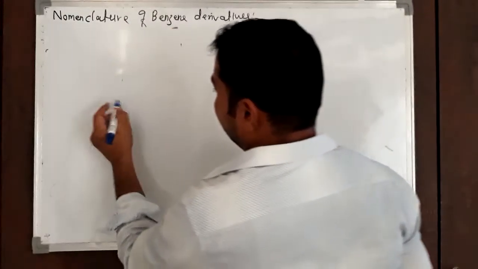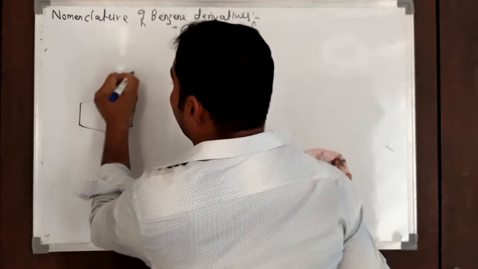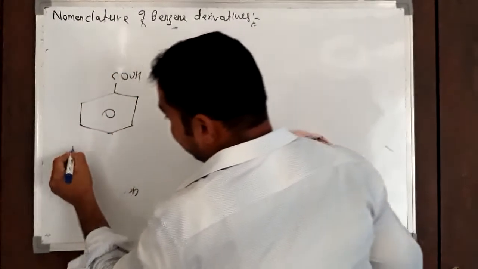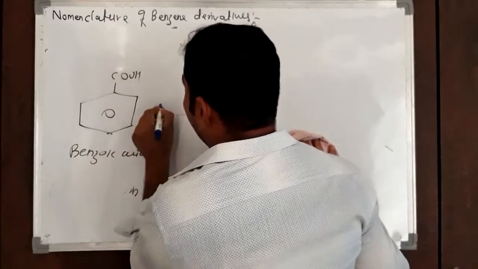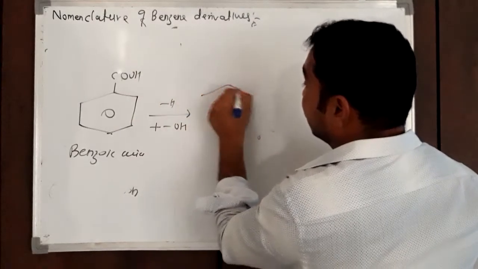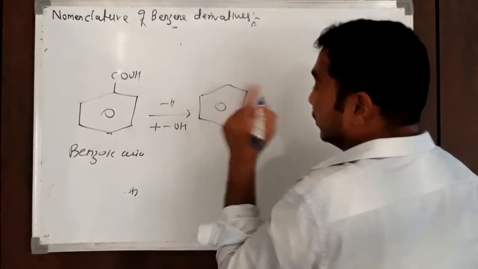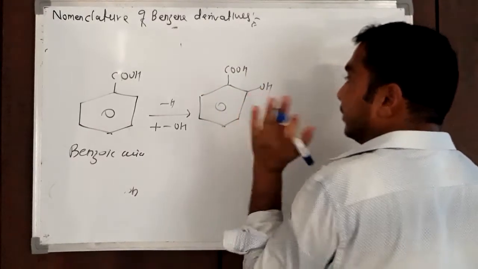Again, one more example, benzoic acid. This is benzoic acid. If I replace one hydrogen by OH group, hydroxyl group, then we have three choices. Either we can attach OH group at ortho position, para position or meta position.